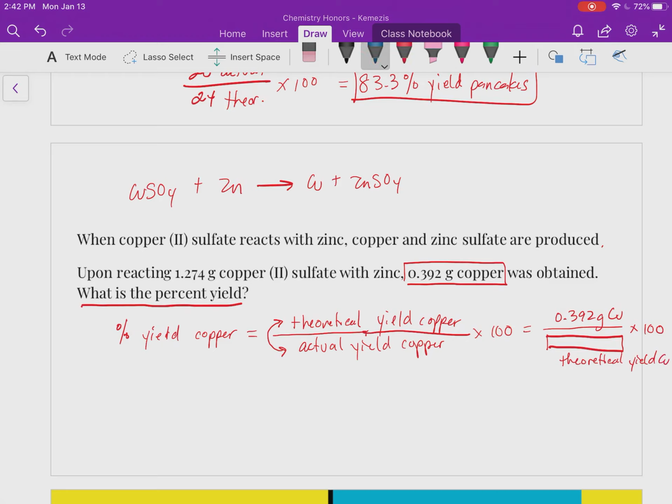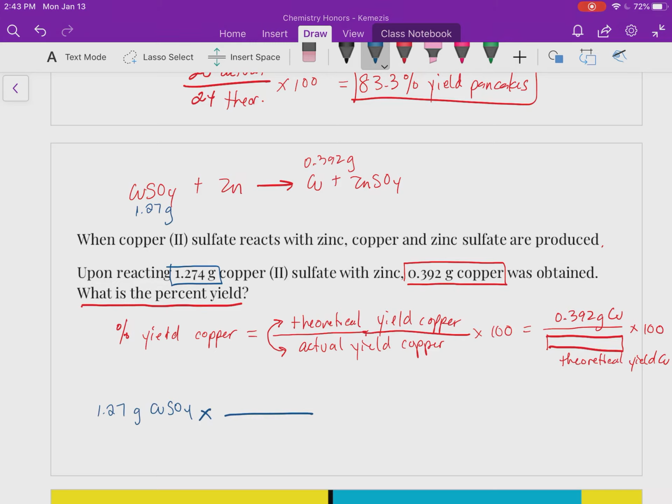And that is where our other number comes into play. So we reacted 1.27 grams of the copper sulfate, and we obtained 0.392 grams in the lab. So if all of this 1.27 grams of copper sulfate reacted, how much copper could we have made?